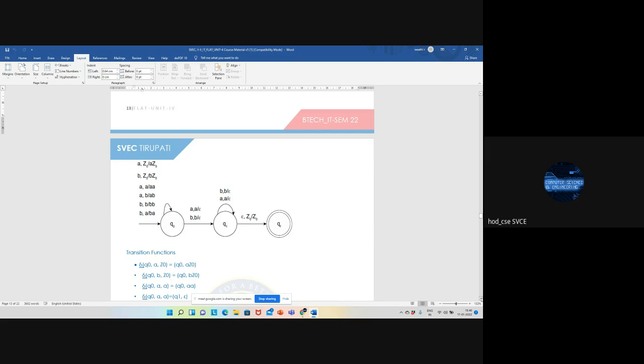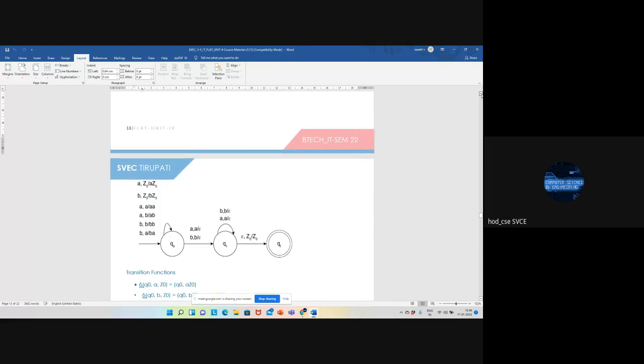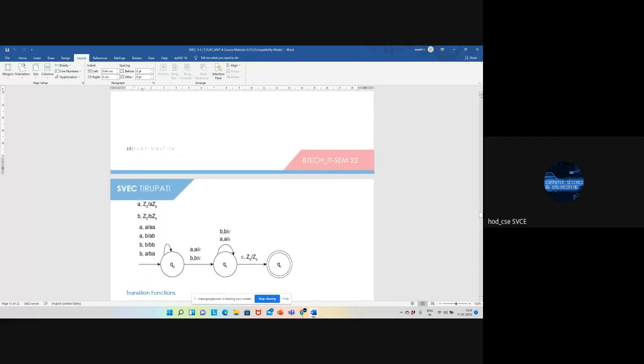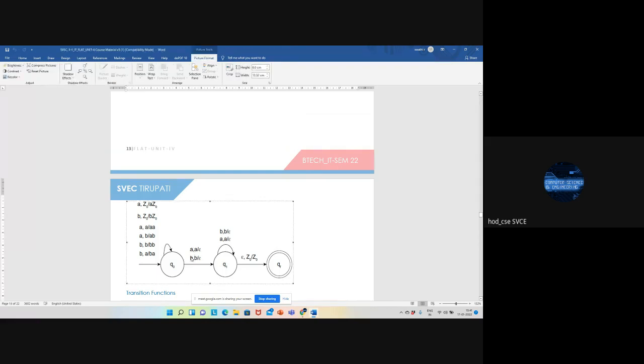Initially we may read A or B, so the strings may start with either A or B. The stack already has Z0. The first time we read A or B, we simply push that onto the stack.